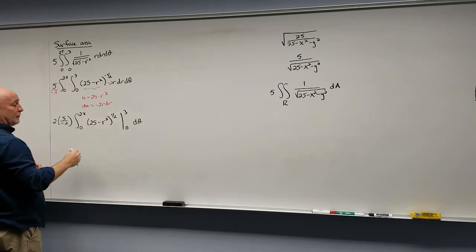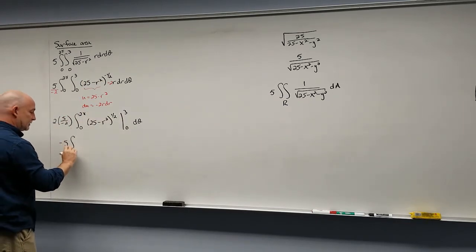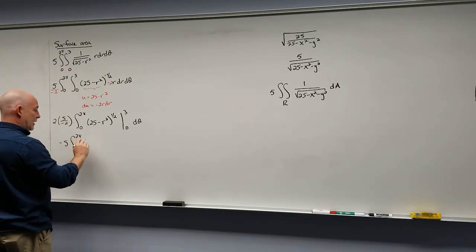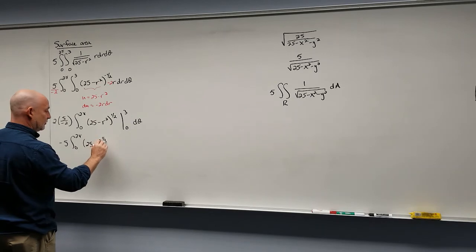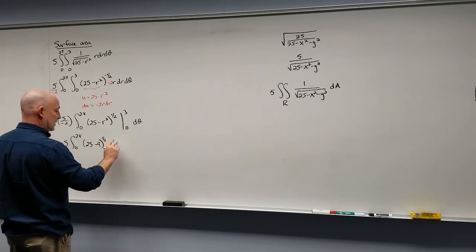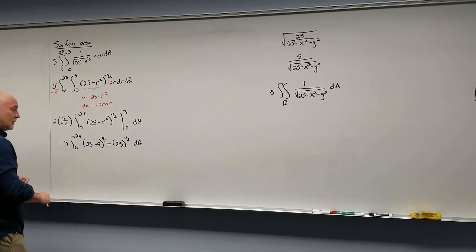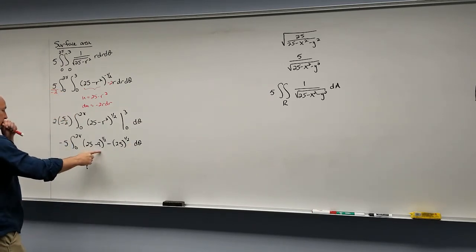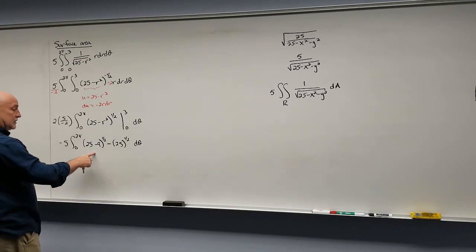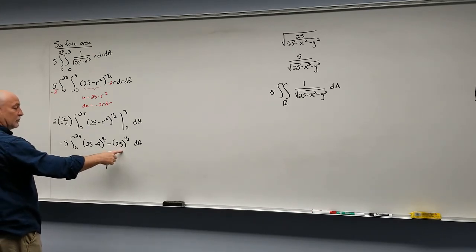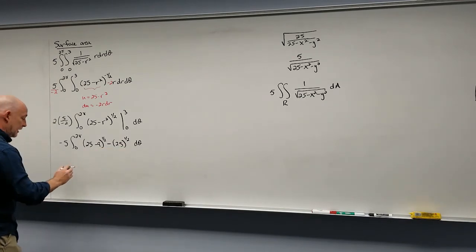All right, so top endpoint minus bottom endpoint, what are we going to end up with here? Well, that's just going to be negative 5 on the one side, 0 to 2 pi. The top endpoint is going to give me 25 minus 9 to the 1/2 minus 25 to the 1/2 d theta. So 25 minus 9 is, what's that, 16? So square root of 16 minus the square root of 25, so 4 minus 5 is negative 1.